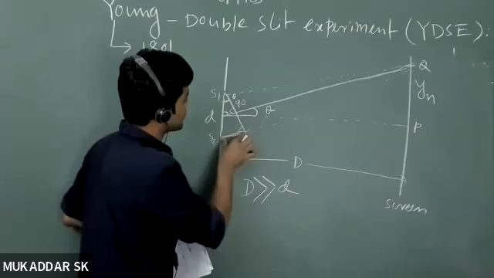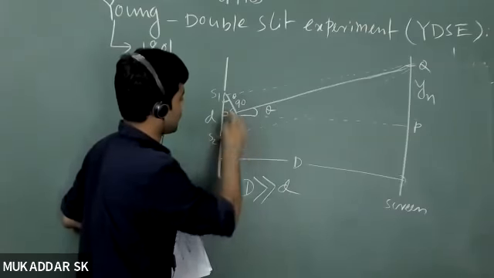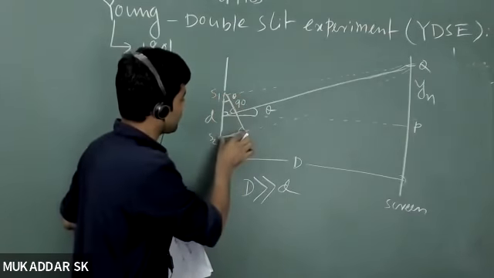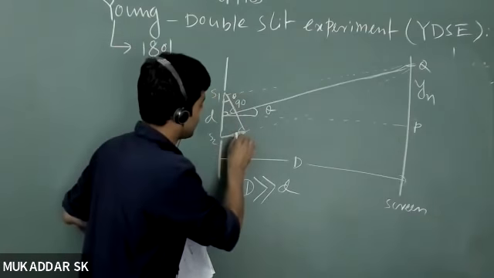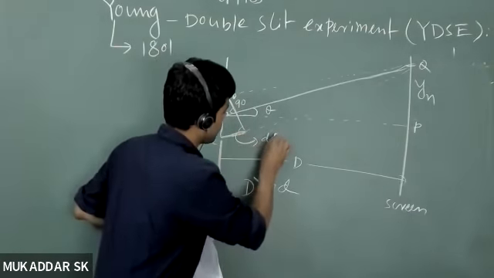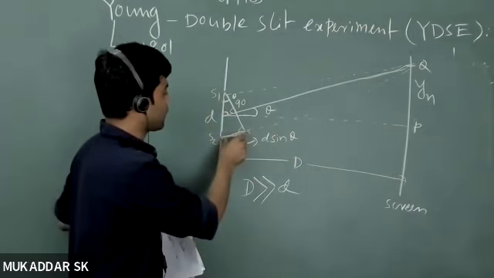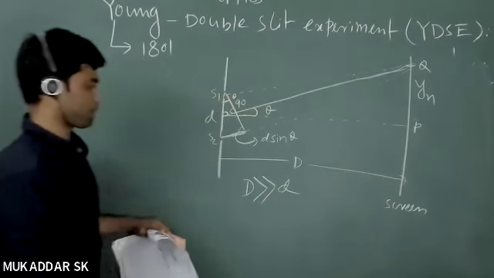Sin theta will be the perpendicular, this distance, divided by the hypotenuse. The hypotenuse is D, right? So this distance will be D sin theta. And this is actually the path difference between S1Q and S2Q.